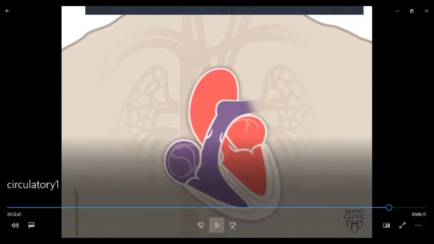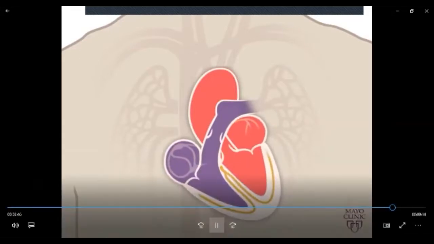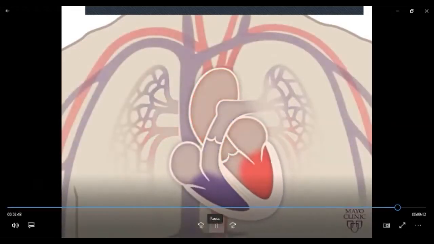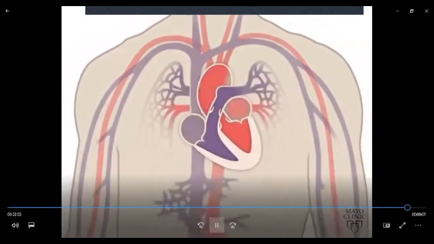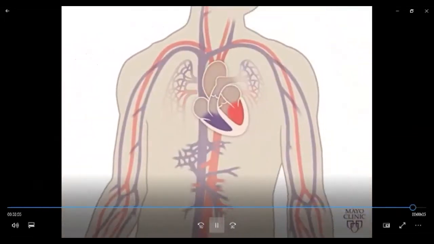If they contract, they can pump your blood. So the electrical wiring here is very crucial in order to make our blood able to pump. And this is the whole cycle of the circulatory system.